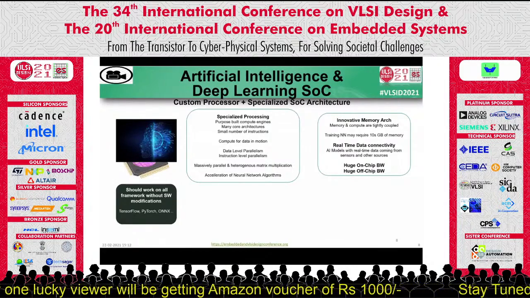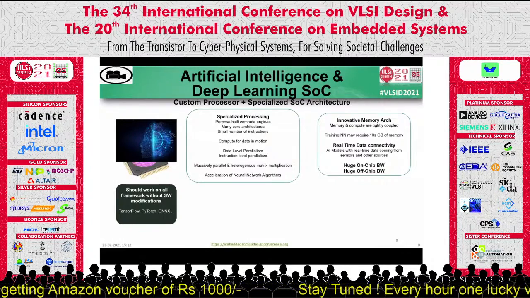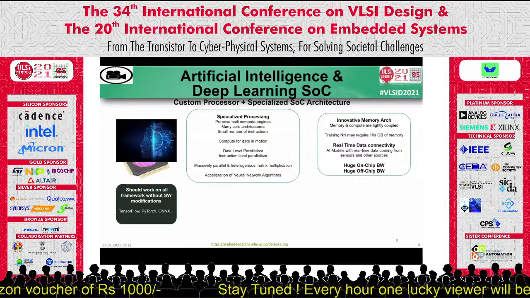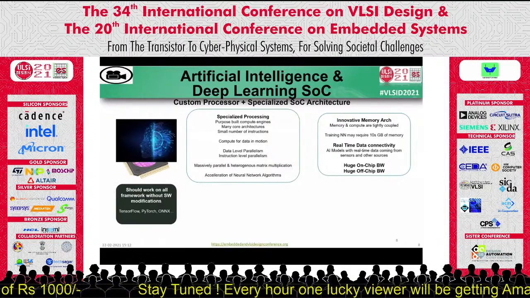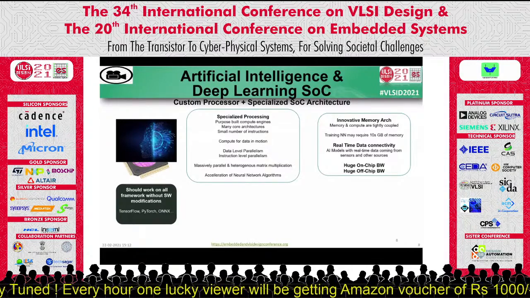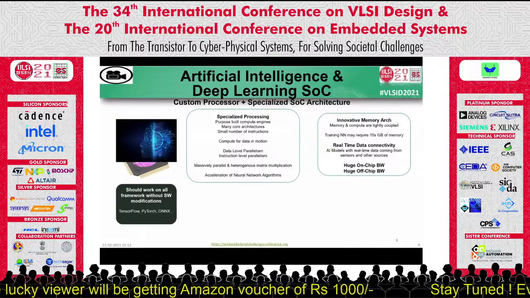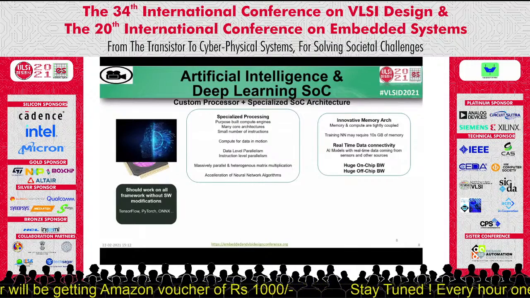These are designed for compute on data in motion, enabled using data level parallelism and instruction level parallelism. The requirement is mainly for massively parallel and heterogeneous matrix multiplications. Plus, there may also be a requirement for accelerating the neural network systems.